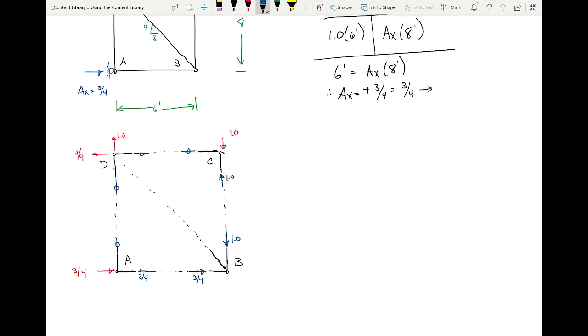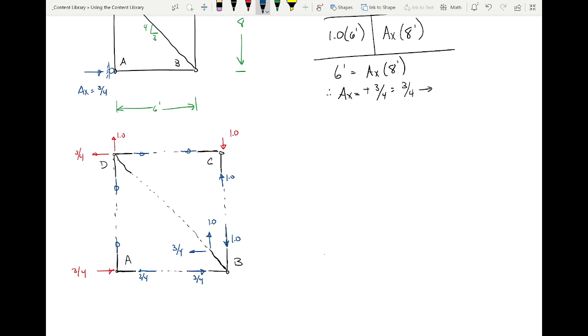So 3/4 to the right means I got 3/4 to the left, 1 down means I got 1 up. Does that respect the 3-to-4 slope ratio? Yeah, right? And then as a final check, if I transfer these forces up here, don't look at the equilibrium, just transfer the forces.